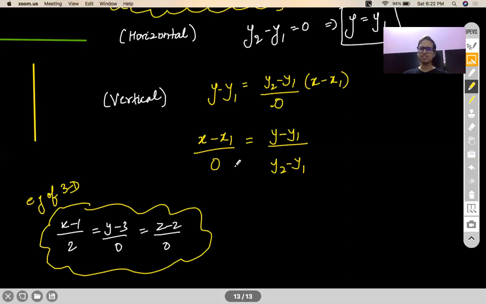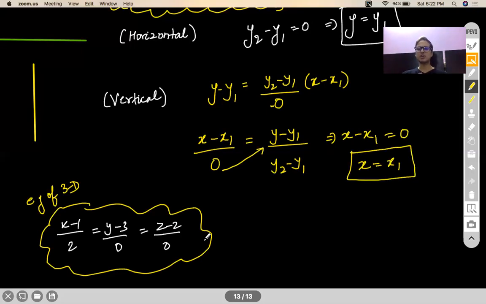If you want to do an operation, you can just take the 0 on the other side and write it like this: x minus x1 is equal to 0. In other words, you can write it like this. So this is the structure of the equation of a vertical line. A vertical line equation will always be x equal to some constant. So as of now, try to accept the fact that while you are writing the equation of a line in 2D or 3D, there could be a 0 in the denominator, but symbolically.